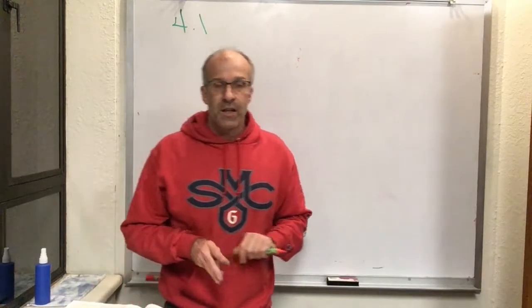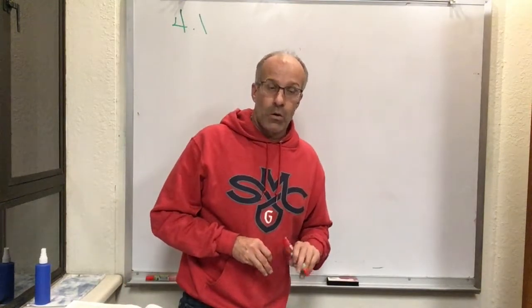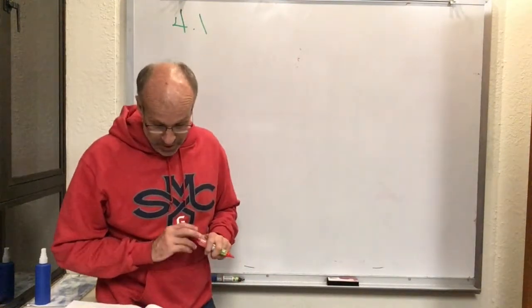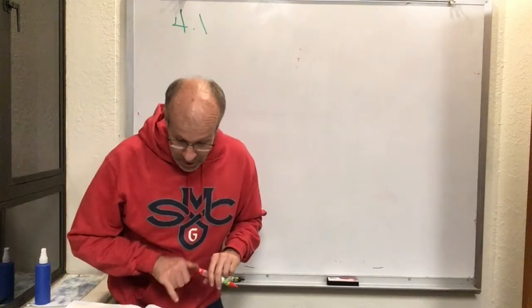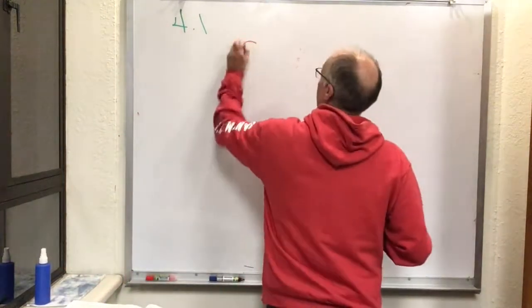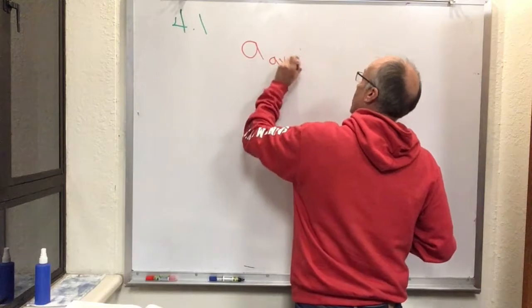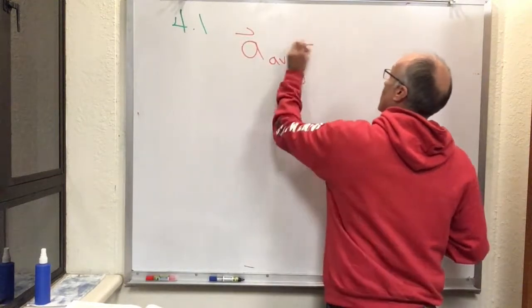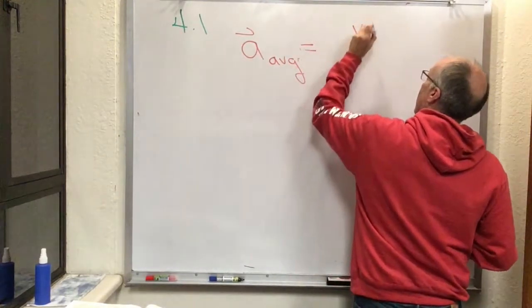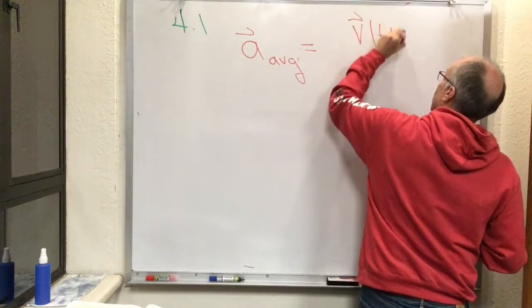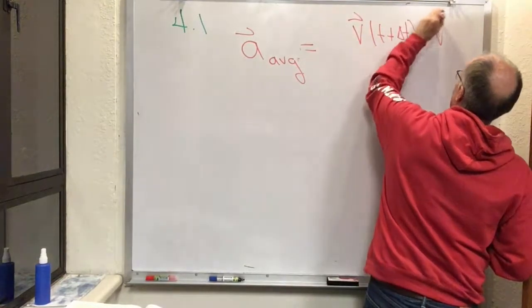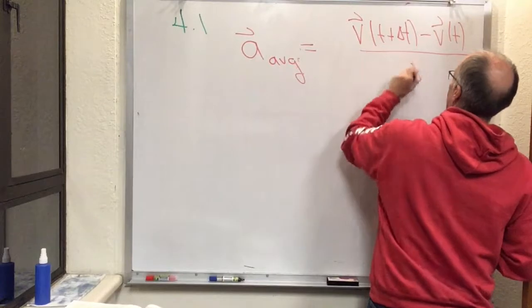The next thing that Knight does is he introduces, or reintroduces, since we did have it back in chapter 1, the average acceleration. So here we have the average acceleration. That's equal to v at t plus delta t minus v at t divided by delta t.